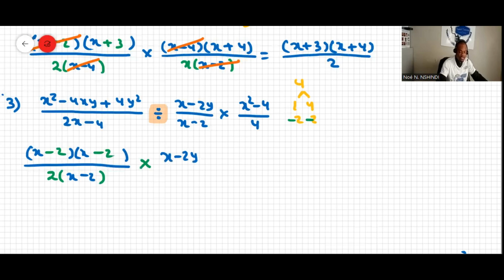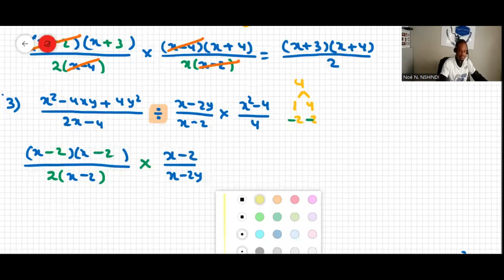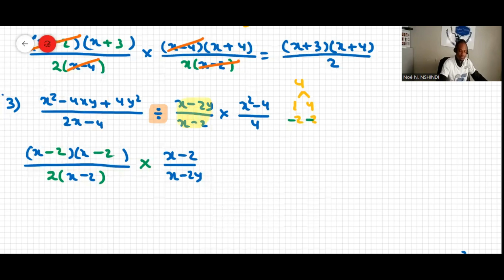Over here, when we switch the sides, it becomes x minus 2 over x minus 2y. So we switch the fraction. The numerator becomes the denominator, and the denominator becomes the numerator.